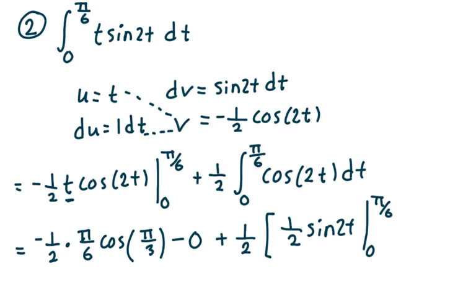Now, we just got to step through this a little carefully. Cosine of pi over 3 is 1/2. So this is negative pi over 12 times 1/2.